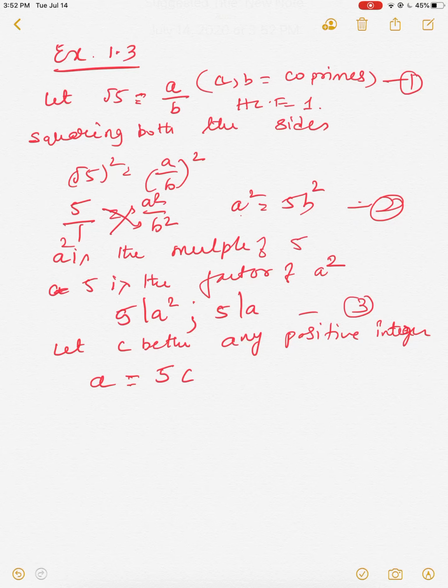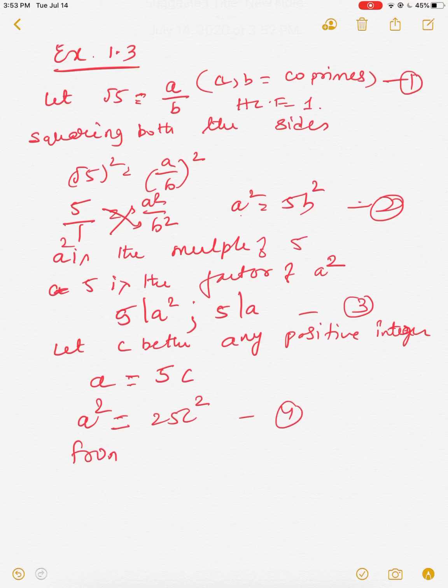Multiple of 5 means 5 multiplied by any number. Now here also squaring both the sides, a square is equal to 25C square. This is the fourth equation.